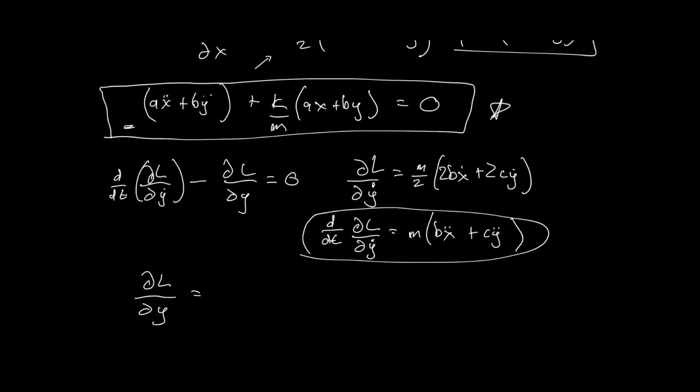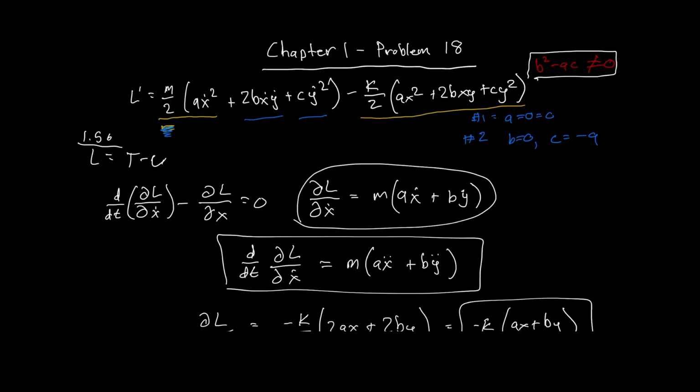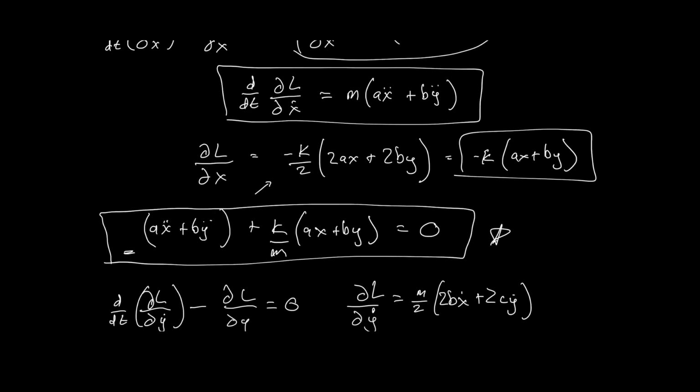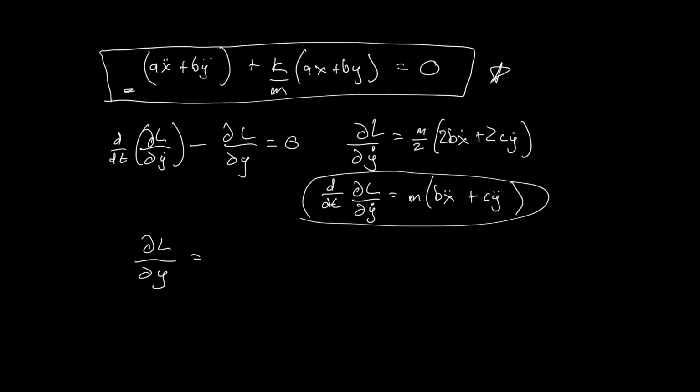And that we get from up here. So let's do green. With y, we're going to have this term: 2bx and 2cy with minus k in front.